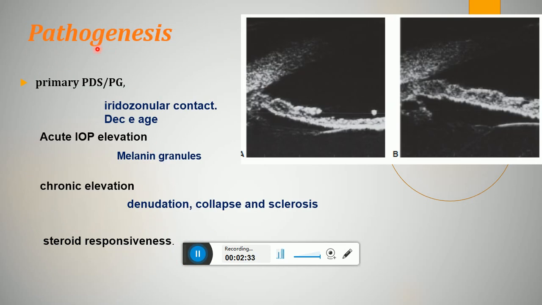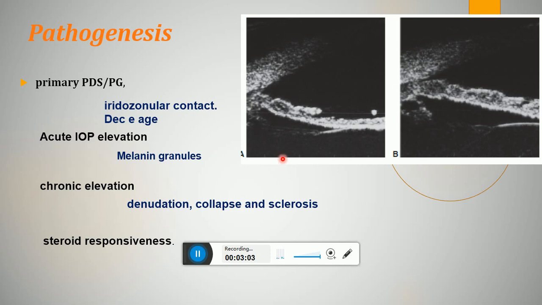Pathogenesis in primary pigment dispersion syndrome and pigmentary glaucoma. In primary, there is pigment shedding. It is precipitated by rubbing of the posterior pigment layer of the iris against the zonules as a result of excessive posterior bowing of the mid-peripheral portion of the iris.